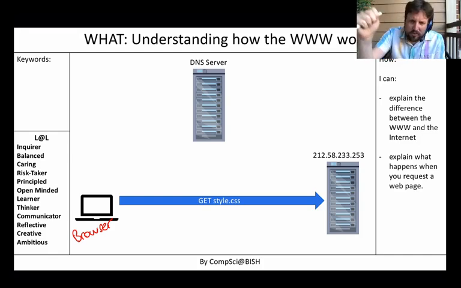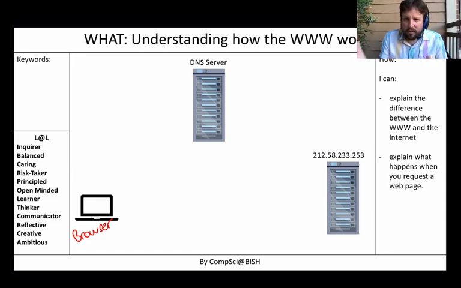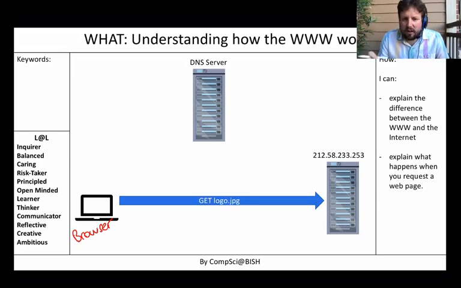It's interpreting the code that came in index.html, and it finds that it uses a style sheet, so it sends another GET request to the server to say, can I have this? Again, assuming there's no problems, the server will come back and say, here is the style sheet that you wanted.